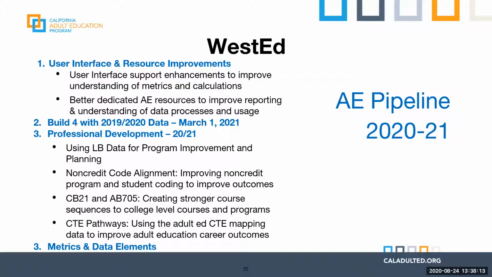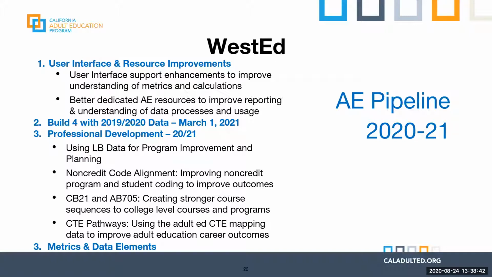But we're thinking about something more like non-credit code review. We would love to pull the actual non-credit coding that your institutions are using and sit down with you to identify areas where we can see very clearly that something is messing up your data, and to help people get more accurate and have their understanding of the MIS elements inform their annual practice in how they record information about their students.